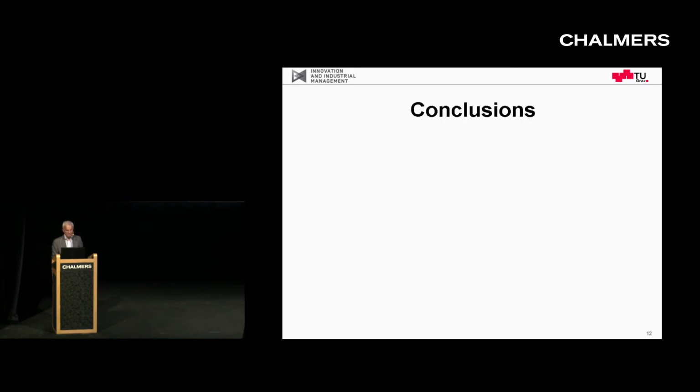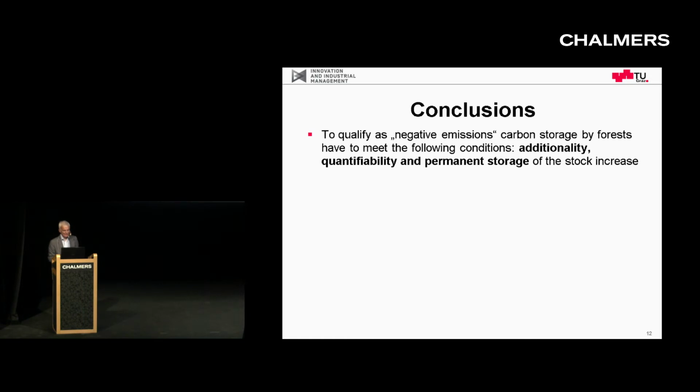Okay, I'm already in with my conclusions. The first conclusion is to qualify as negative emissions, carbon storage by forests has to meet the following conditions: additionality, quantifiability, and permanent storage.